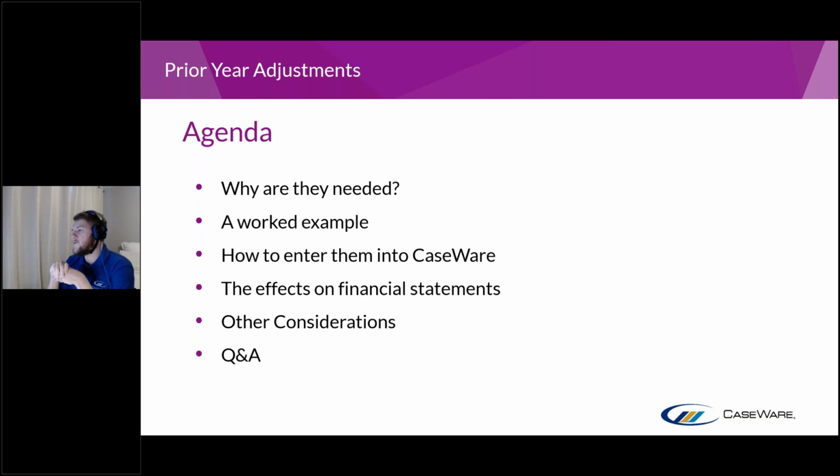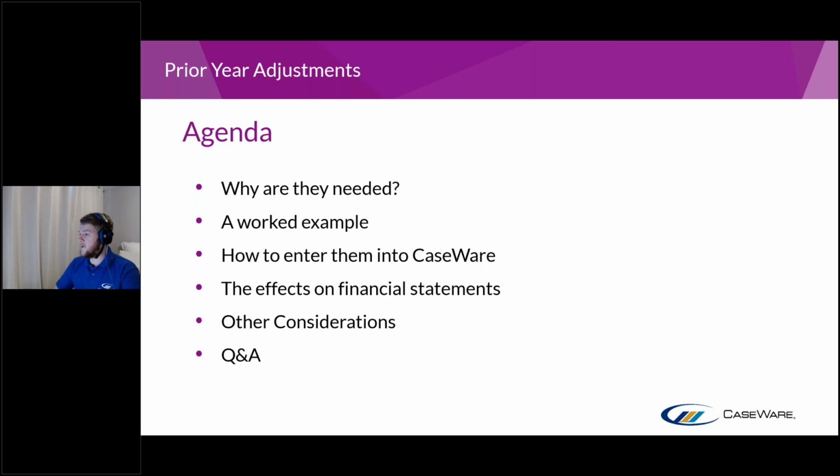So just a very quick run through of the agenda so we can get cracking. First of all, we've got why are they needed? There's two main reasons, but we'll go through those in a second. We're then going to jump into a worked example. We will run through a little example that we've taken from our training data so that you guys can see how this works in CaseWare, see it in action.